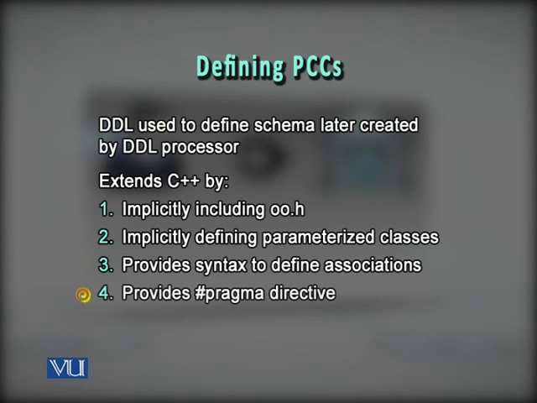And finally, it also provides the pragma directive that we have seen in the previous lecture, which is used to include the references or the parameterized classes within a program. So these are the four extensions provided by the DDL in Objectivity. Otherwise, all the rest of the things are similar to normal C++ language that we have been using.